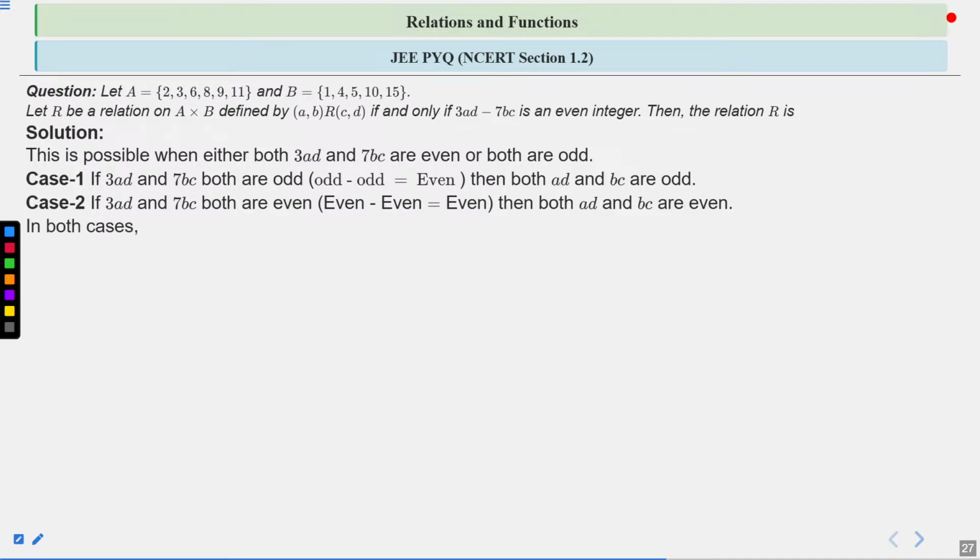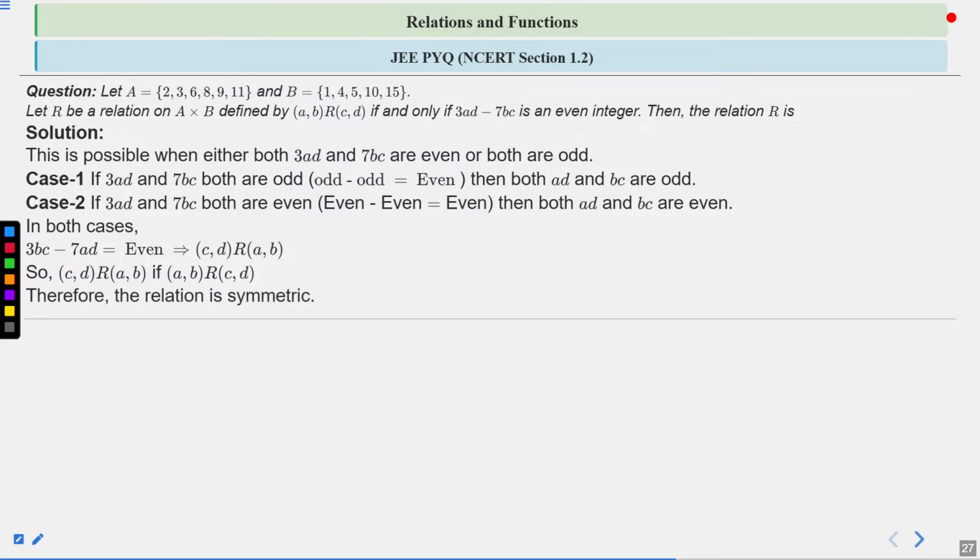In both the cases, 3bc minus 7ad will be even, right? That is, (c,d) is related to (a,b) also. So we have considered that (a,b) is related to (c,d), and we have proved that (c,d) is related to (a,b). Therefore the relation is symmetric also, right? So we have proved that the relation is reflexive and symmetric.